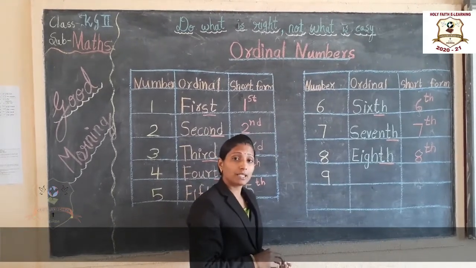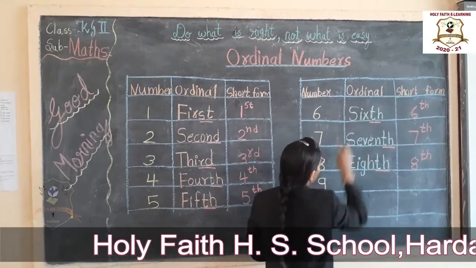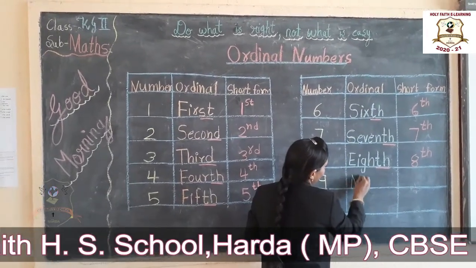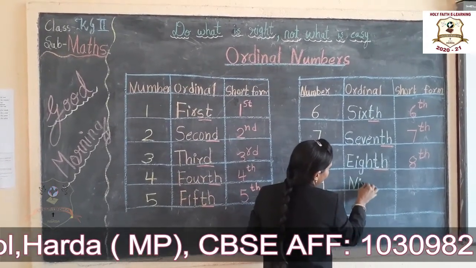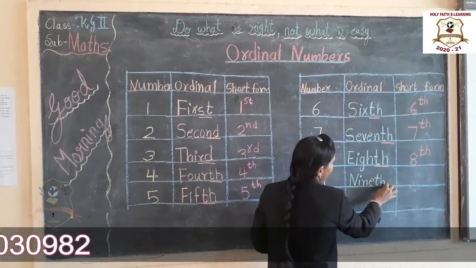Which number is this? 9. The ordinal number of 9 is N-I-N-E-T-H.